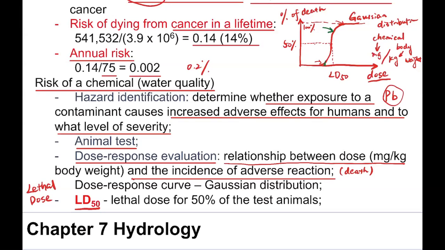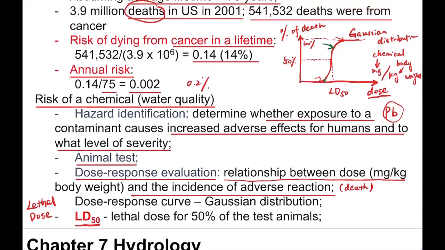So if even ingesting 50 kilograms corresponds to the death of 50% of the animals, it means it's less lethal, right? I wouldn't say that it's not lethal at all, because you still cannot ingest an infinite amount of them, right? But the chemical is less lethal if it has a higher LD50.